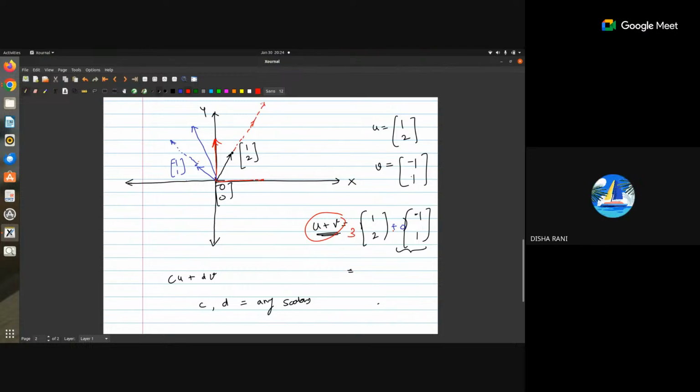We are stretching. And if I say minus 1, the opposite of this will come. So are you able to imagine now where all the combinations of this will lie? The same thing I can do here, I can have c as 0.